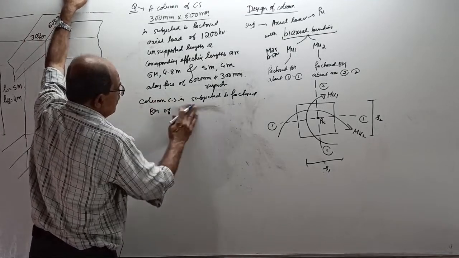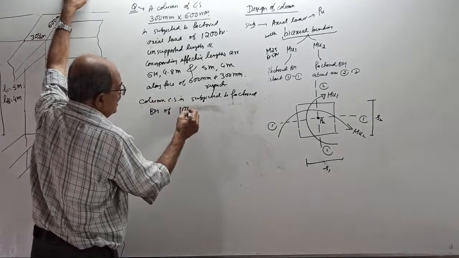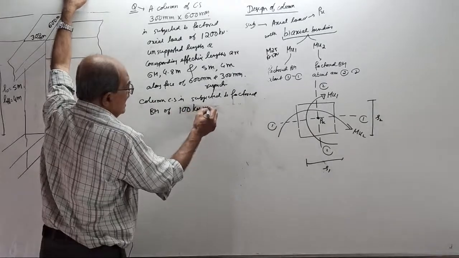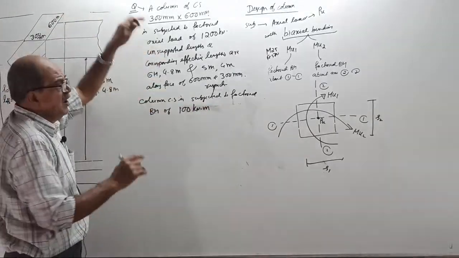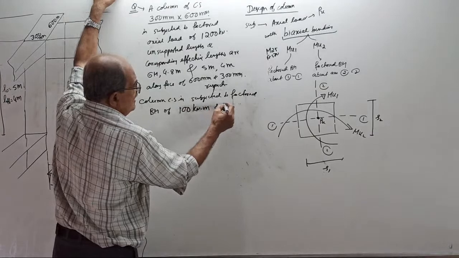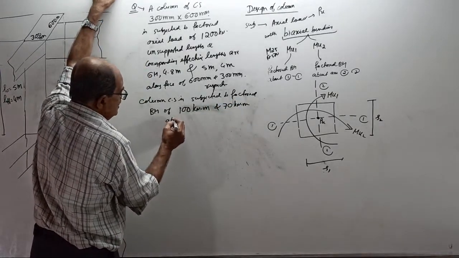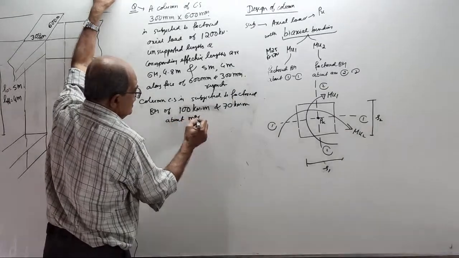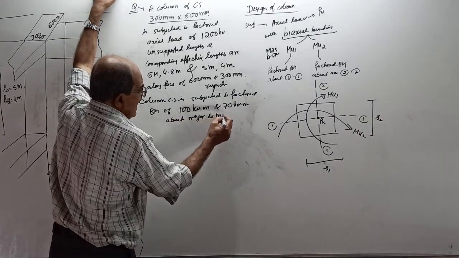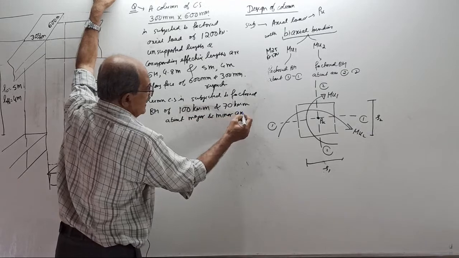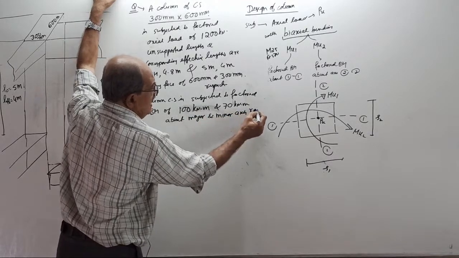Better I'll give more. 100 kilonewton meter, if it goes dangerous, I'll change later. 100 kilonewton meter and 70 kilonewton meter about major and minor axis respectively.